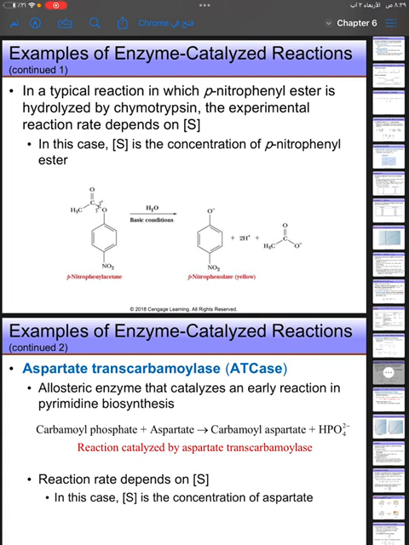How can we use it? Rate of reaction. Good. The information is that this enzyme, chymotrypsin or any other enzyme, can work with a certain molecule or compound in the lab and give a color.